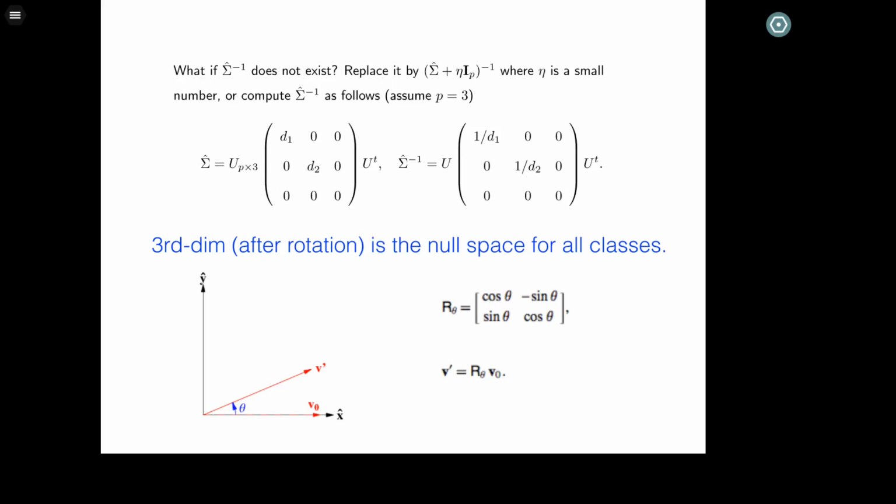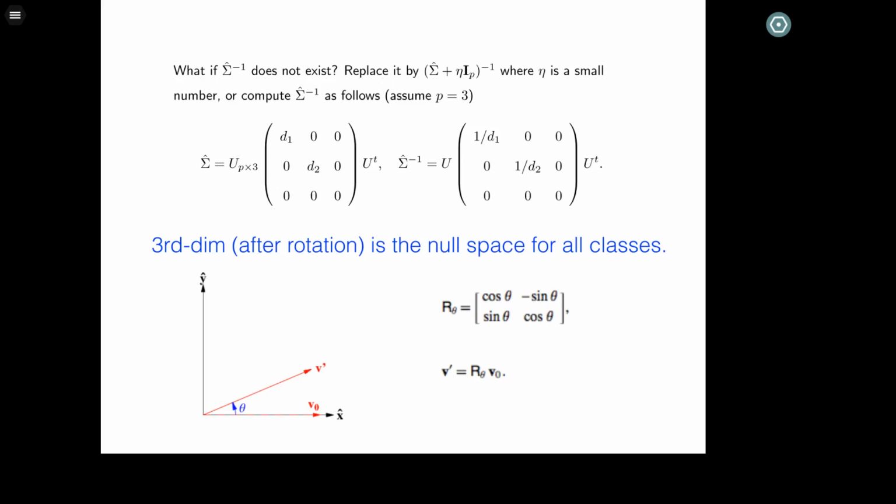It is equal to U times a diagonal matrix where D1, D2 are strictly bigger than 0, and then U transpose. So what is U? U is the rotation matrix. For example, here I show you a picture. Suppose we want to rotate a vector v0 to v prime by an angle theta.